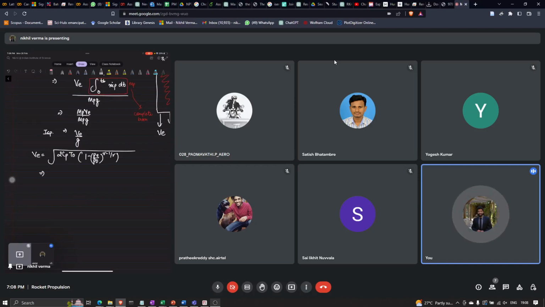Or you might have seen it in this way: the square root of 2 gamma R_u by (gamma minus 1) molecular weight, T naught, times 1 minus (P exit by P naught) to the power gamma minus 1 by gamma.